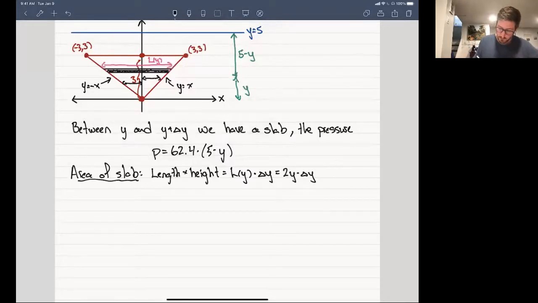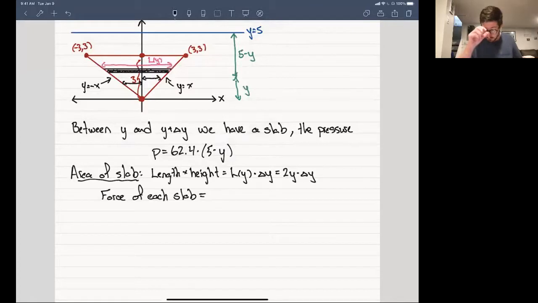So then this tells us that the force being exerted on this, the force of each slab, is equal to the pressure multiplied by the area, right?